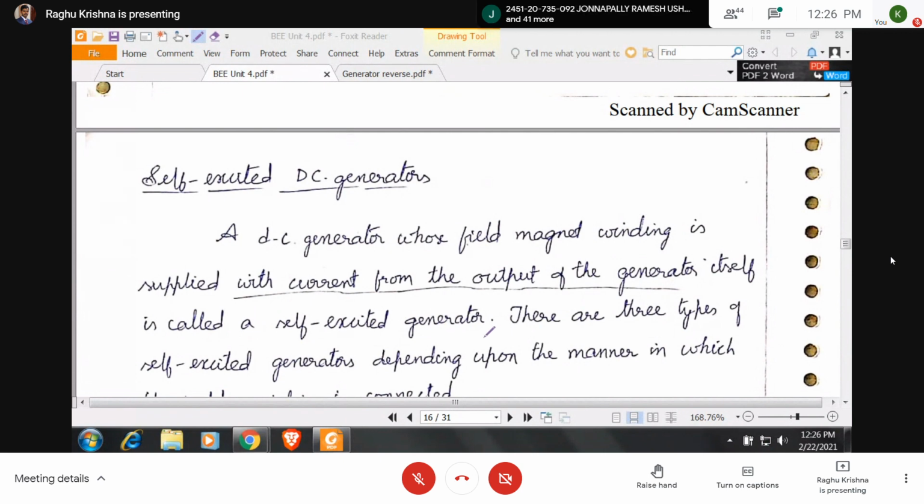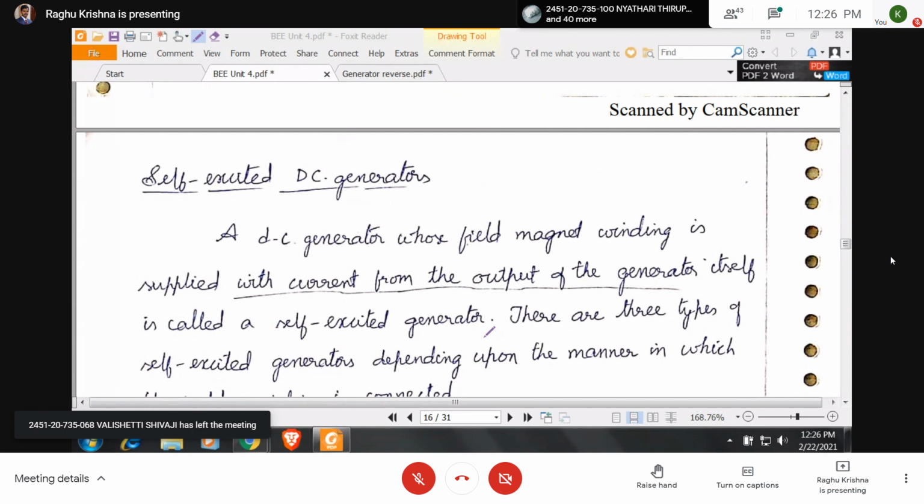If you use the output of the generator itself as the input for this field winding, it is called a self-excited DC generator. Here we are not using a separate battery for the field winding.